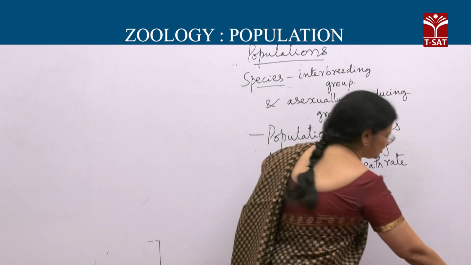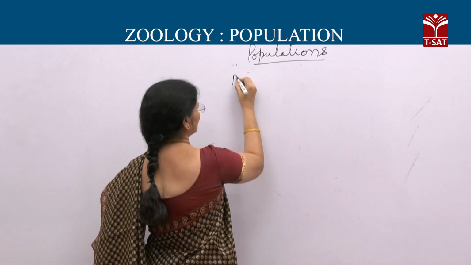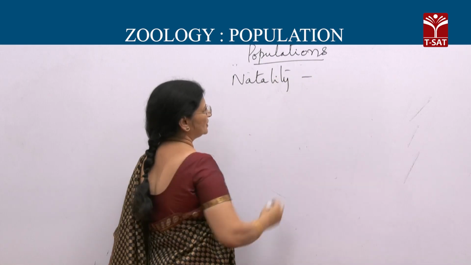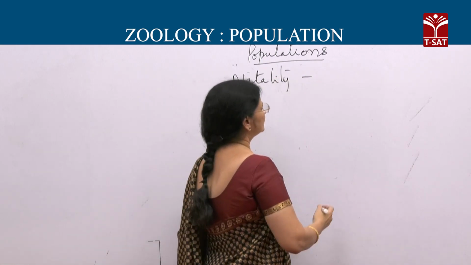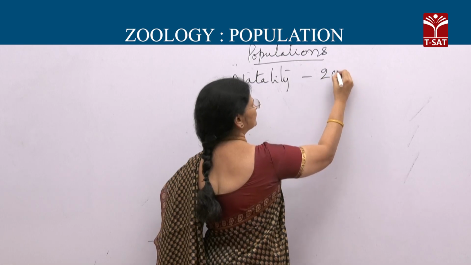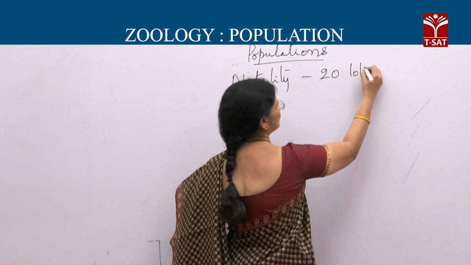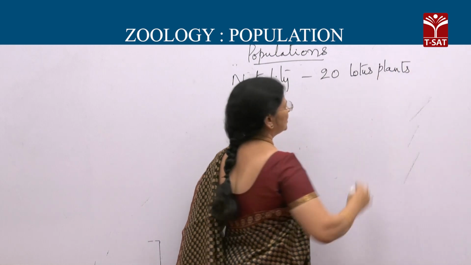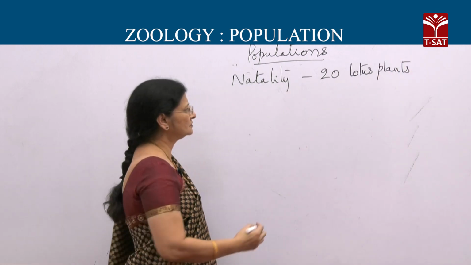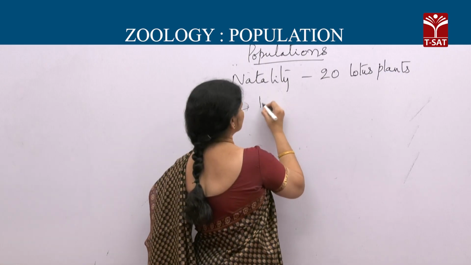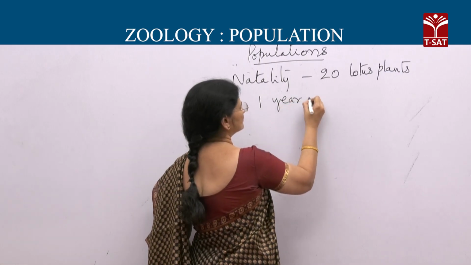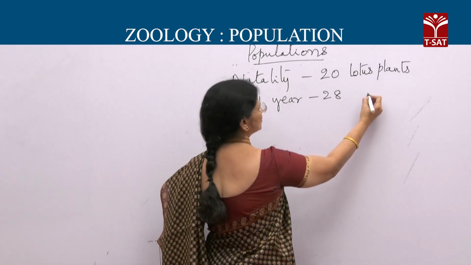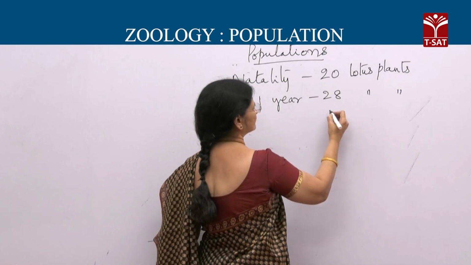If you take an example, suppose in a pond there are 20 lotus plants. In 1 year they increase to 28.